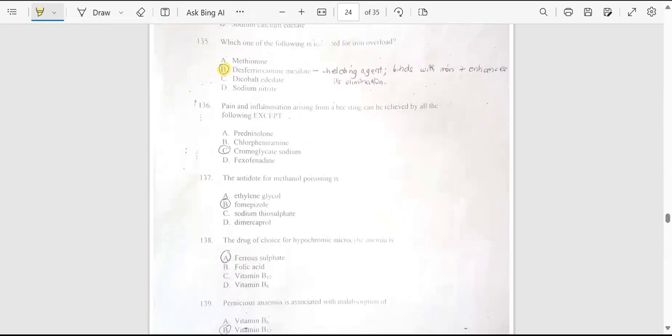Is the sting alkaline or acidic? I think acidic. Yes, it's acidic.